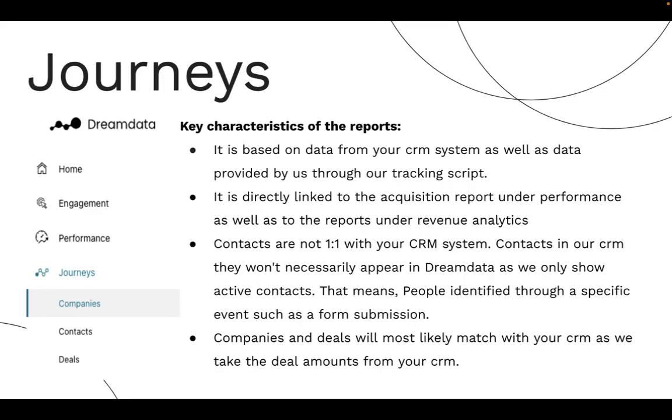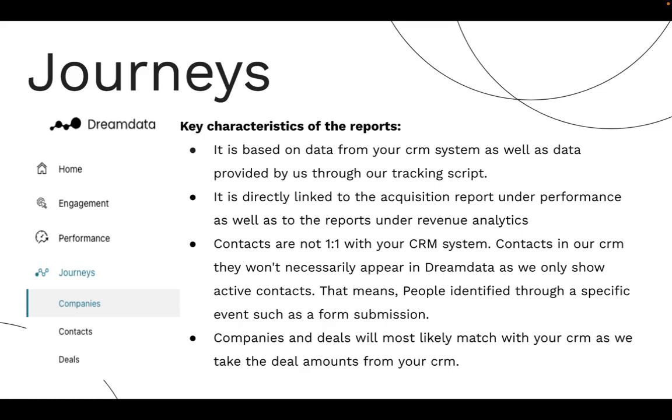Journeys is based on your CRM system as well as on the data provided by our tracking. It comprises companies, contacts, and deals. It is quite key to understand that companies and contacts will not always be one-on-one with the companies and contacts that you have in your CRM system.